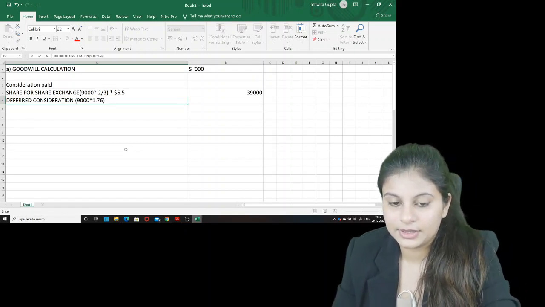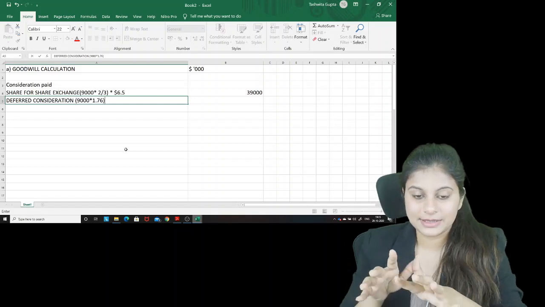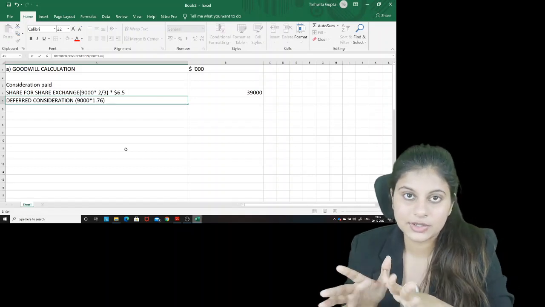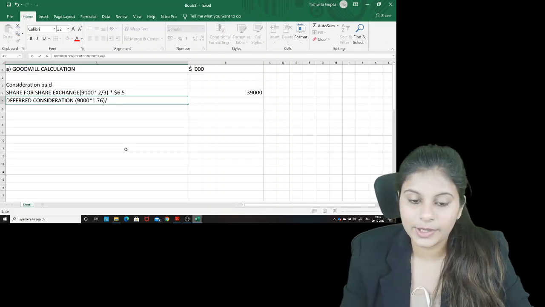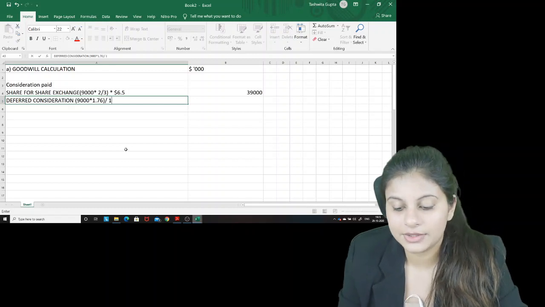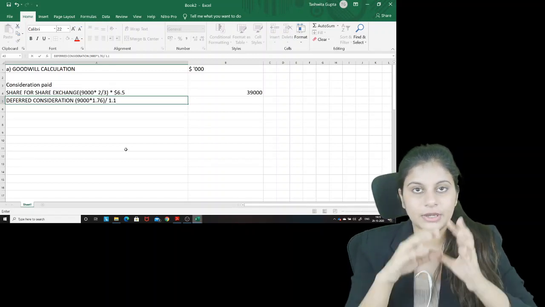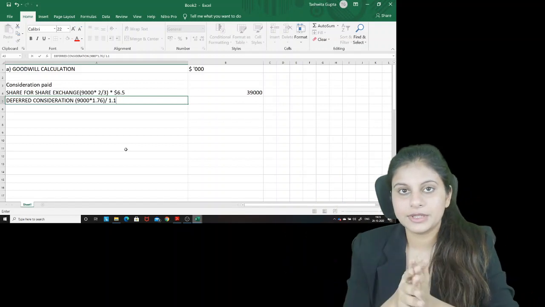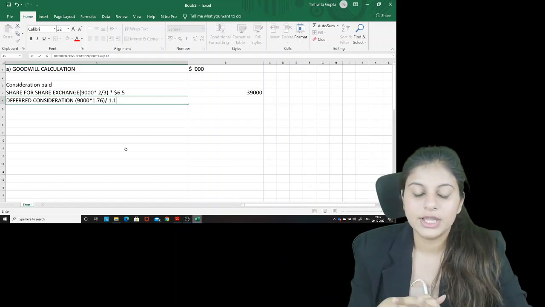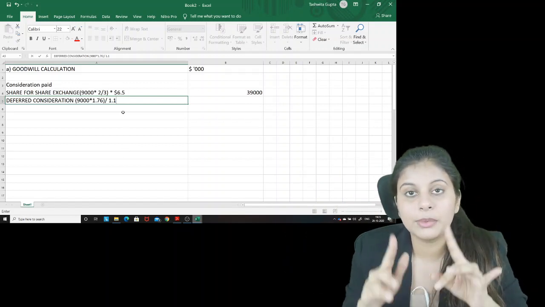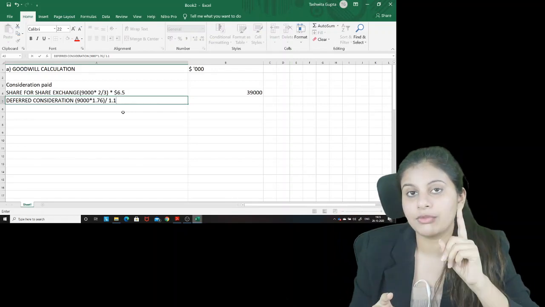Okay, so 1.76 per share, and how many shares we have is 9,000, divided by the discounting factor, that is 1.1. 1 plus 10%, so 100 plus 10%, that is 1.1 to the power 1, because the gap is of 1 year.